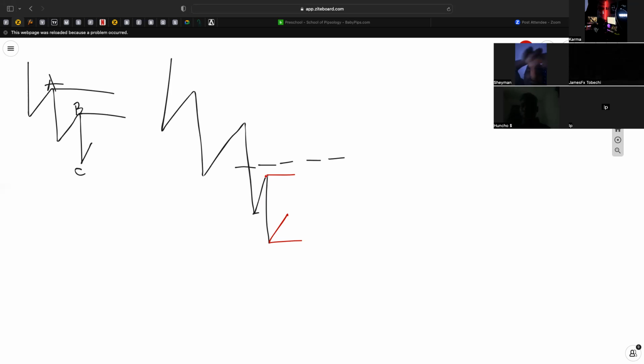So being an incomplete pullback, what does that mean? I want you guys to listen attentively. If you want to count this structure, instead of counting it like this, high, low, high, low, high, low, this is totally wrong, because this retracement has not fulfilled its purpose. So what does that tell you?